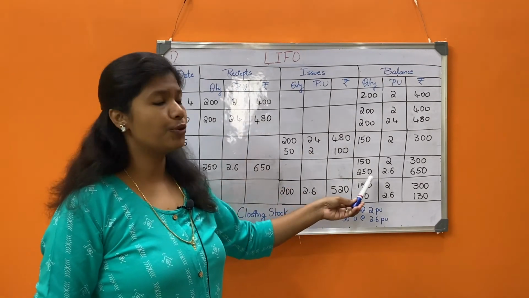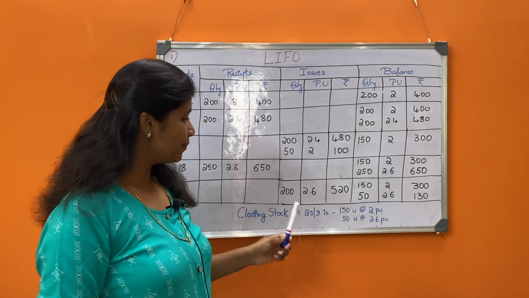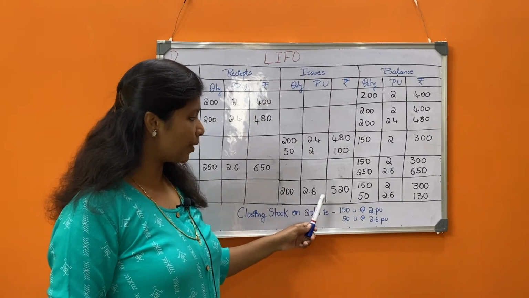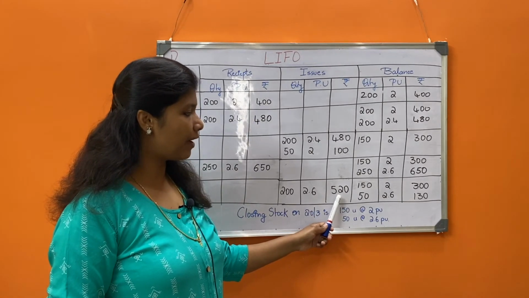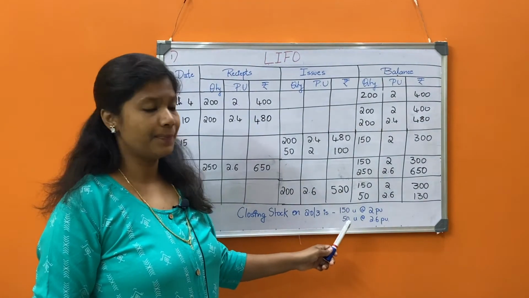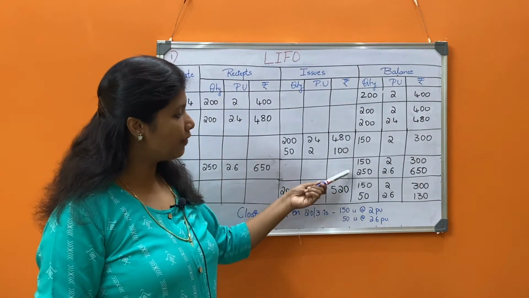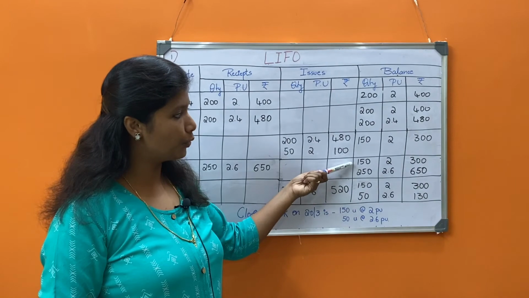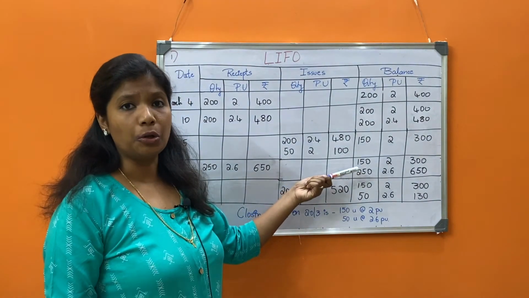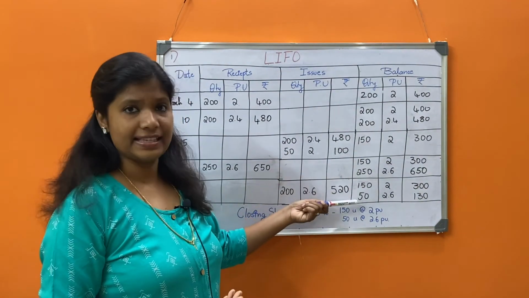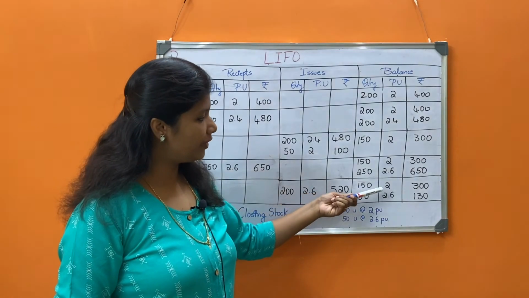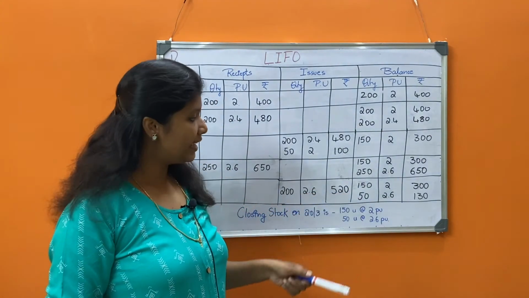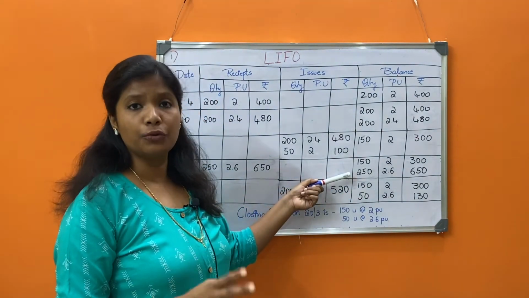Therefore, I'm going to issue from the last stock 200 at the rate 2.6, which comes up to 520 rupees. So how do I write the balance? First balance, 150 at 2, 300. We have not sold it, so write it as it is.